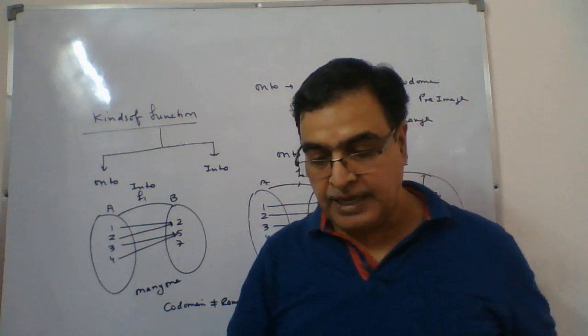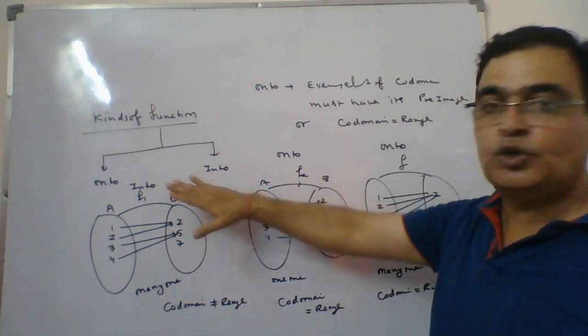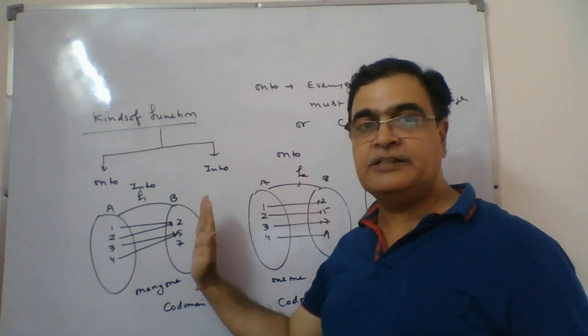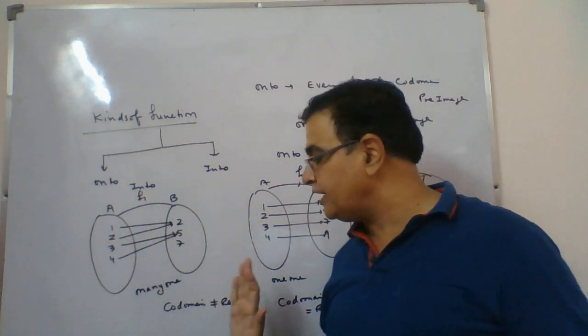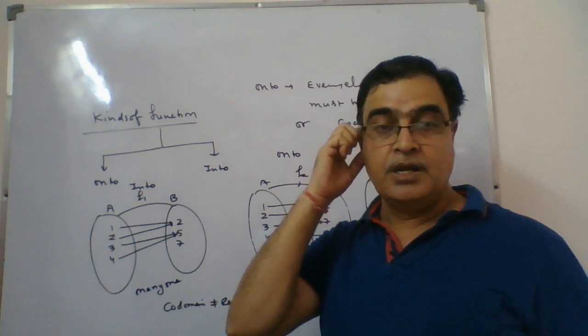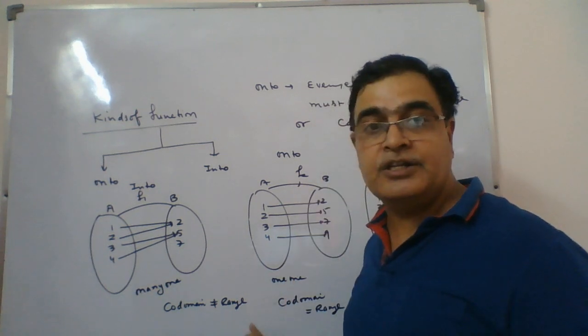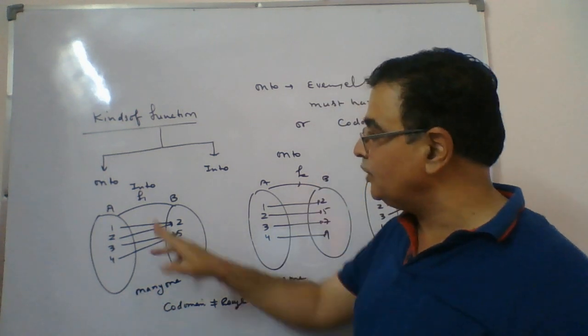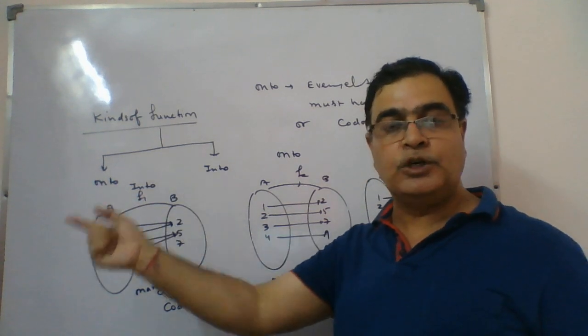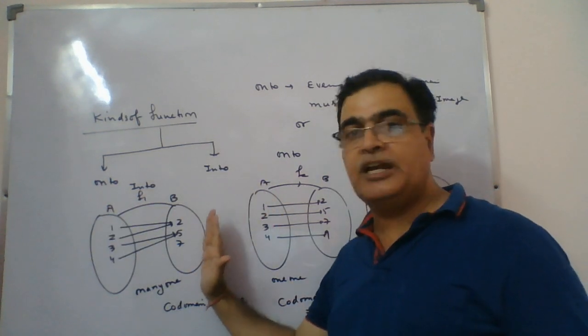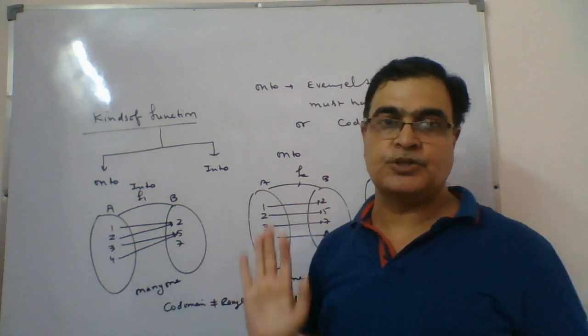So that means any function. Now the condition for onto I told you. Onto condition means each and every element in the codomain should have its pre-image, or I should say codomain equal to range. But if you find codomain and range are not equal, we will say it will be an into function. So onto means codomain is equal to range, or we will say every element of set B should have its pre-image.